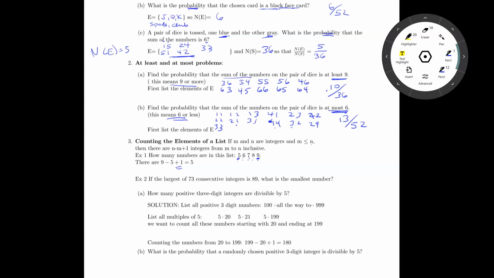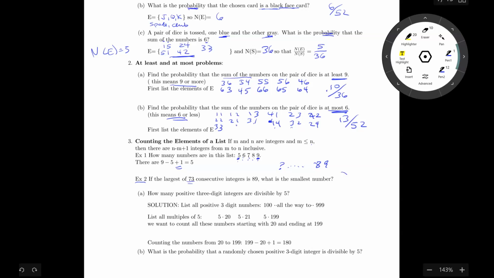Okay. So this is a little bit of a different question. If the largest of 73 consecutive integers is 89, so we've got something, question mark, dot dot dot, up to 89, right? And I know I have 73 integers total that I've counted, right?